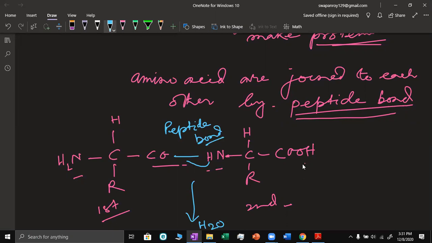Like if this again joins to a third amino acid, we can write it in this way also: NH2, CH, R group, COOH. Then from here again one molecule of water comes out, and the CONH will remain.